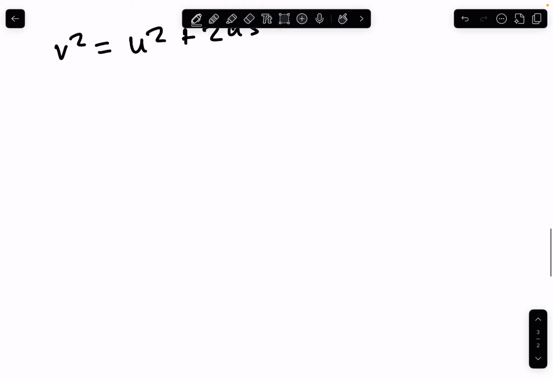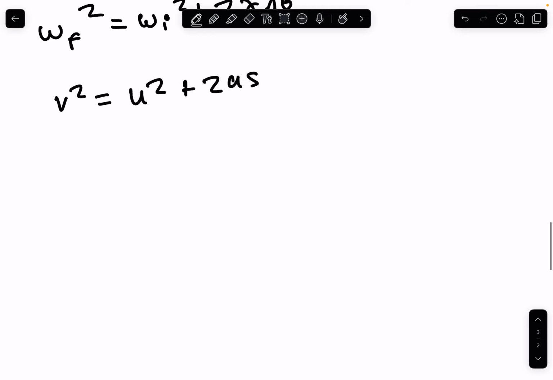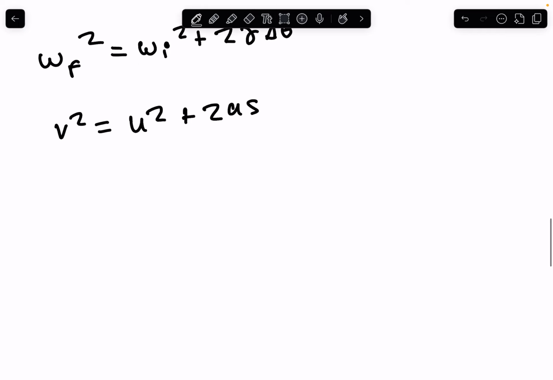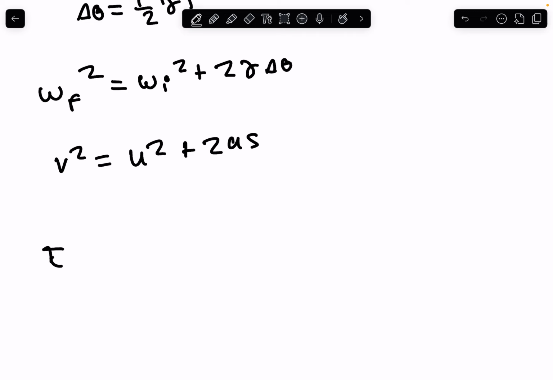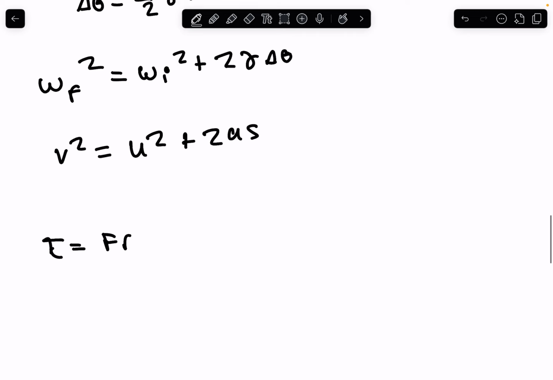Now on to Newton's laws in rotational mechanics, or forces in general. This is the equivalent of topic 8.2 but in rotational mechanics. As we stated in the beginning, torque equals force times r, the distance from the pivot point.